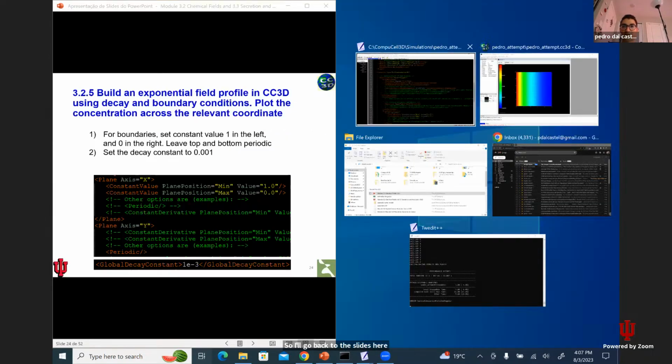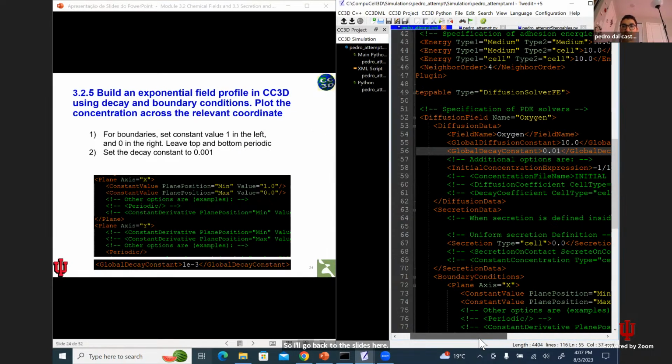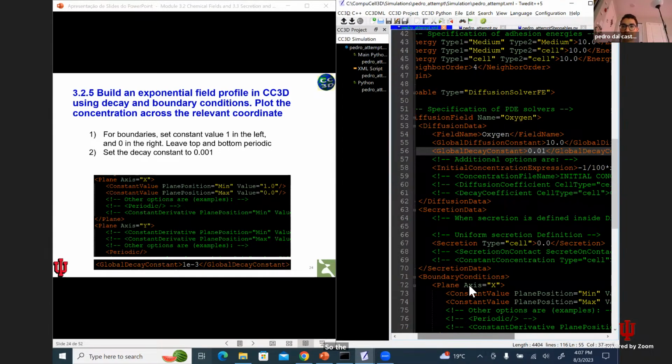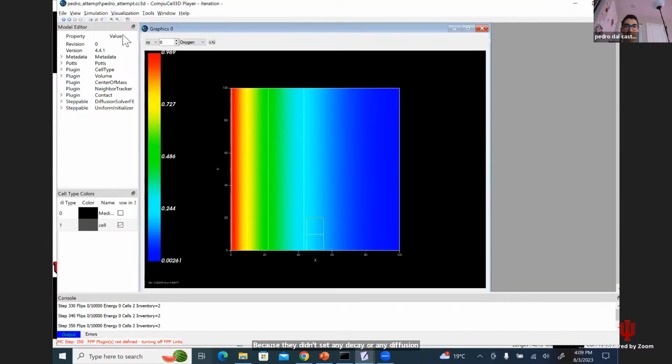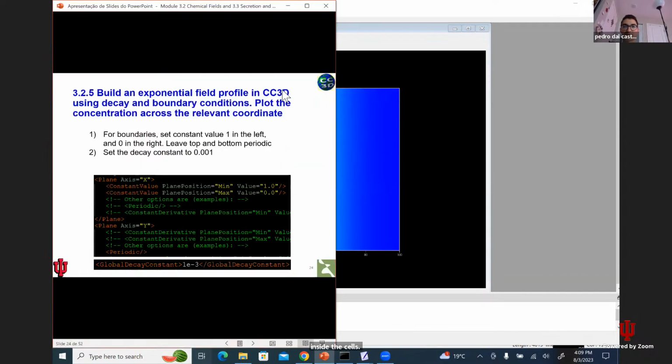Set a global decay constant. This is my code. And you can play with the decay constant to see the exponential profile better if you want. All right, so let's move on.